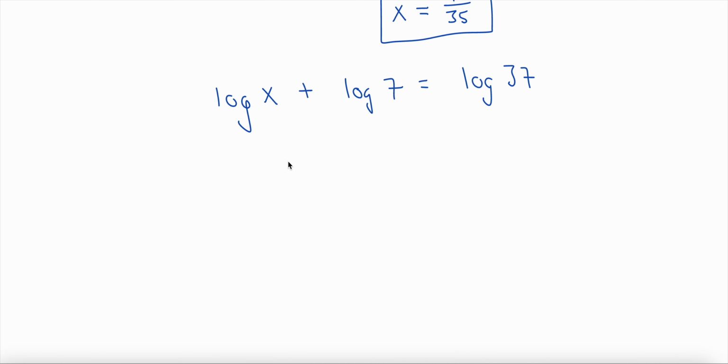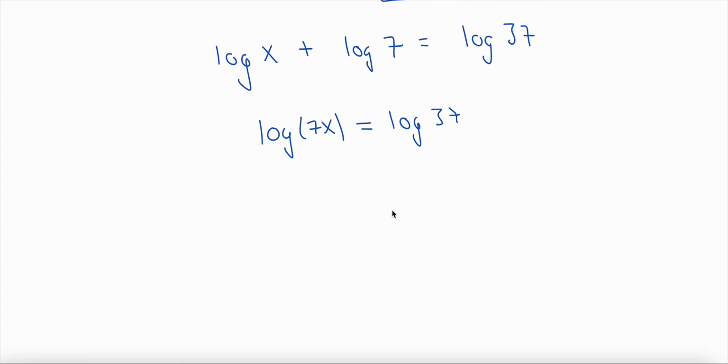And remember that when we add logarithms, we're going to multiply these two expressions here. So we have log of 7x, right? We're multiplying those two expressions together. And then we have log of 7x equals log of 37.